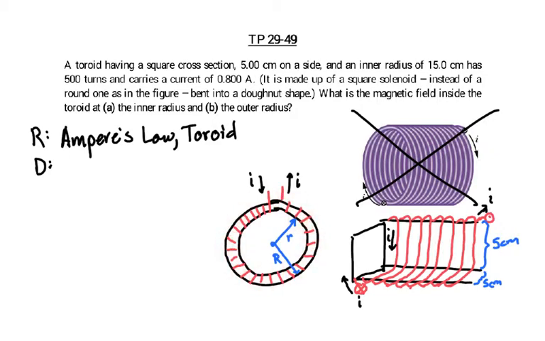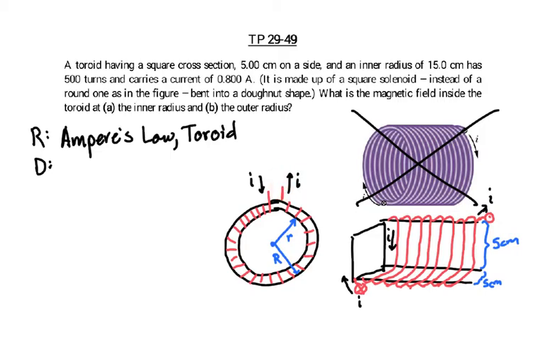Here's our toroid, the inner and outer circle. Remember, it is a square cross-section that we've bent around into a circle. So our current comes in here on the left side, goes around our square cross-section, all the way around our circle, and then out here on the right side.